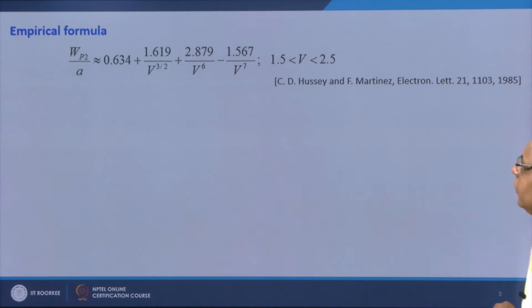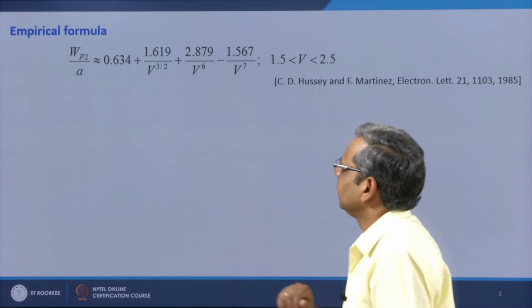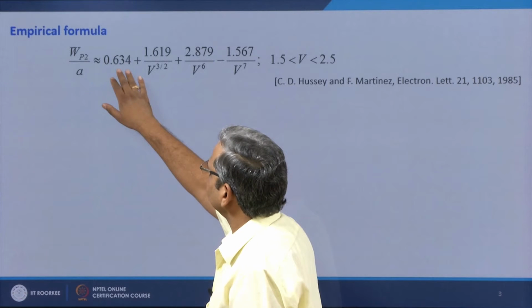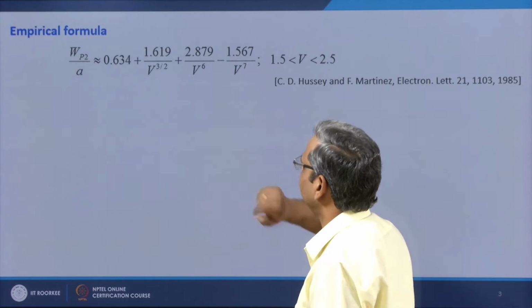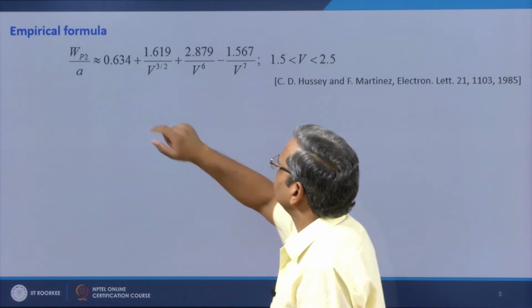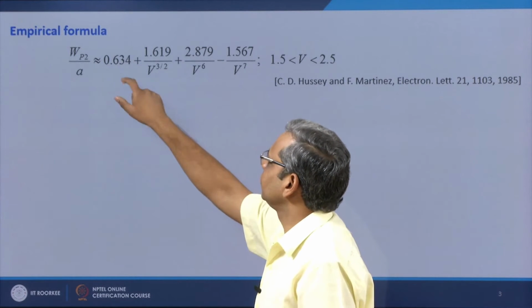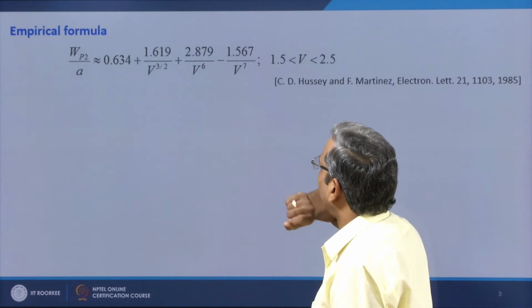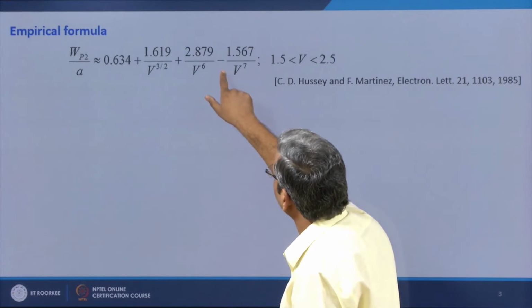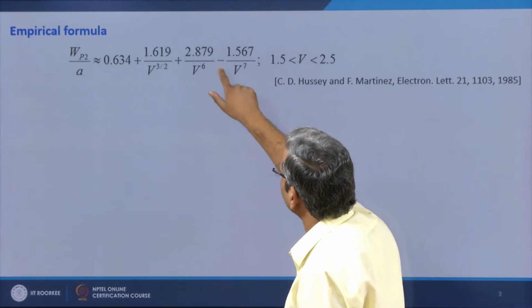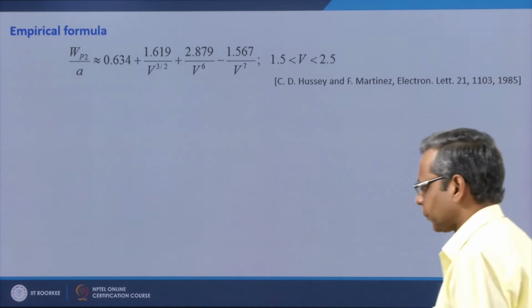If I compare it with the Gaussian spot size, in the case of Gaussian this term was 0.65 and this term was not there. So, I am reducing this term from 0.65 to 0.634, and further I am reducing the spot size by this much amount.